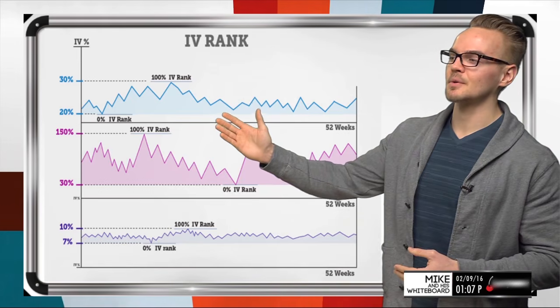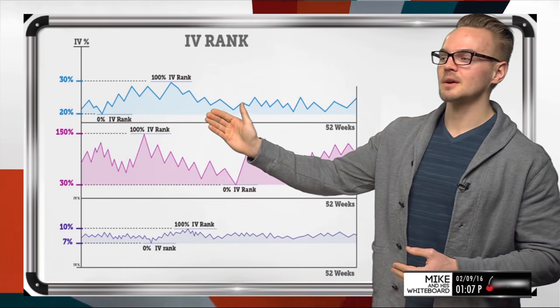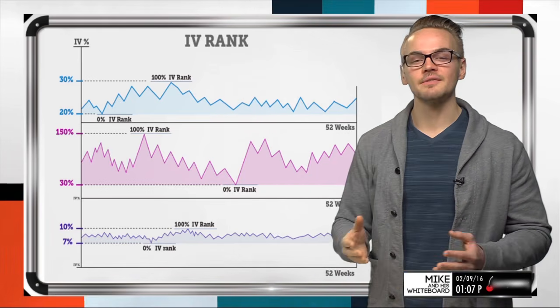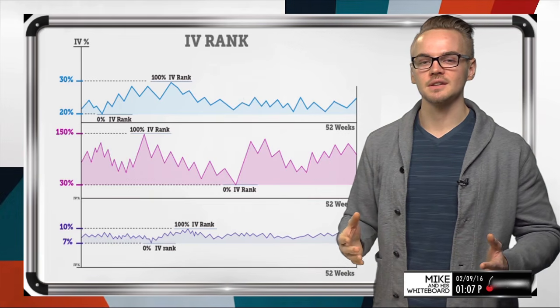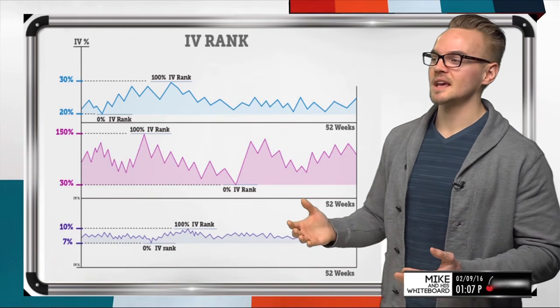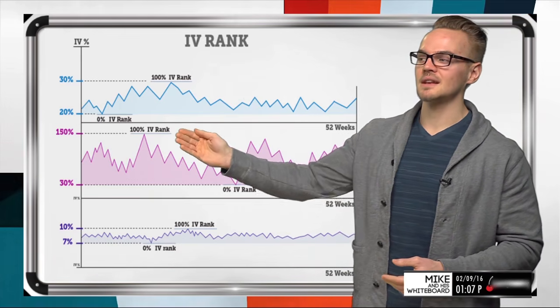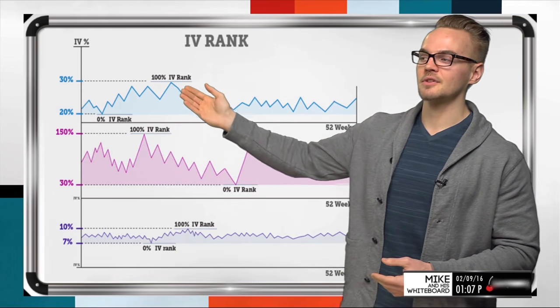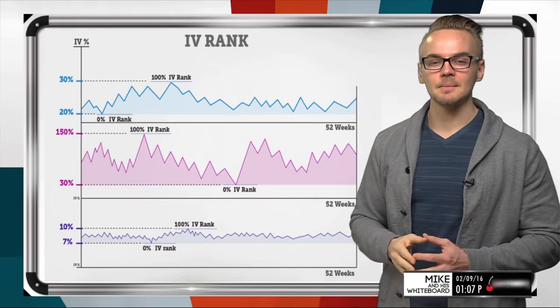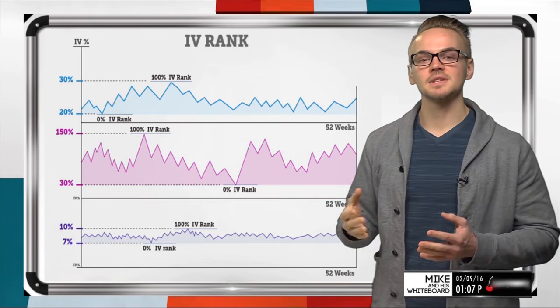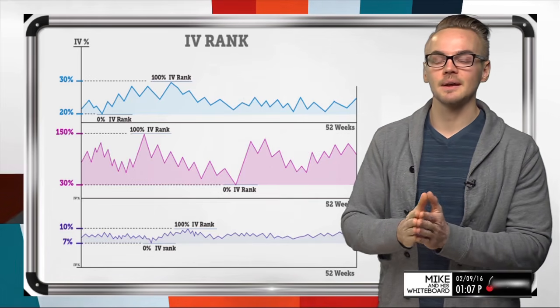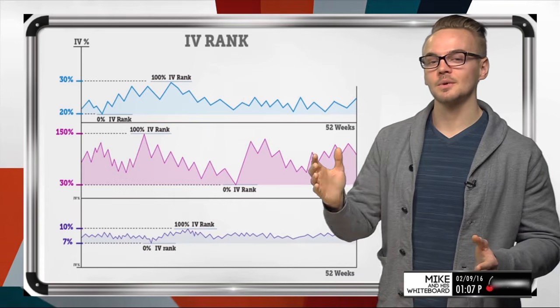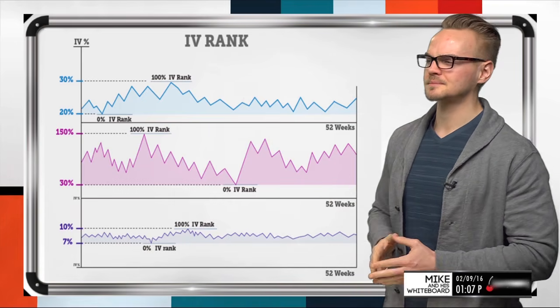So in this example, a 50 IV rank would be right in between there. It would be 25% raw implied volatility. And I know that is the case because if 0 is assigned the low of 20%, and 100 is assigned the high of 30%, if I go right smack dab in the middle at 25%, that's what gives me that 50 IV rank. It's right in between 0 and 100, so that's what gives me the 50 there.